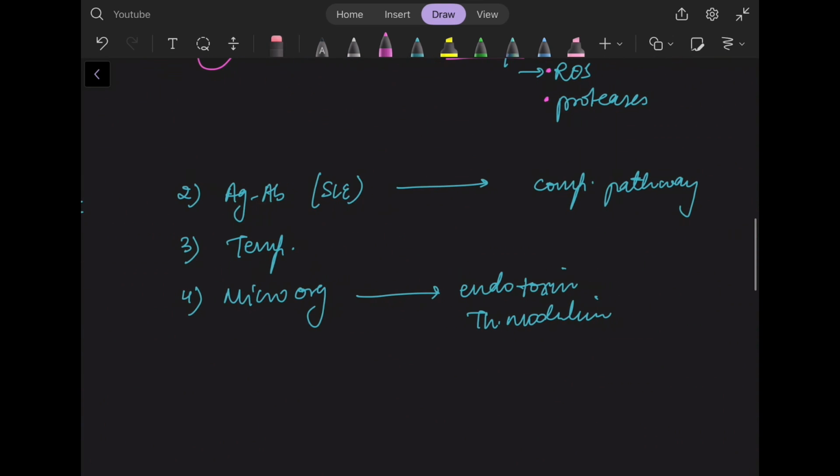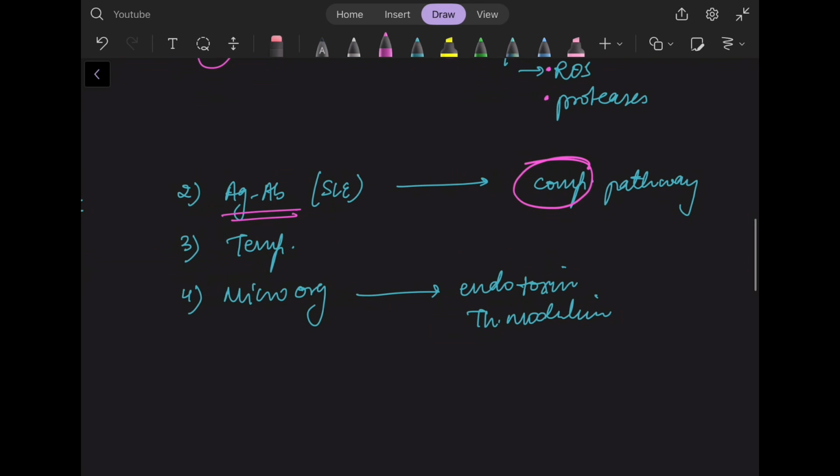Secondly, there is antigen-antibody complex formation like in SLE, which activates the complement pathway. Then there is temperature-mediated endothelial injury, and then injury by microorganisms through the release of endotoxins, which inhibit thrombomodulin.